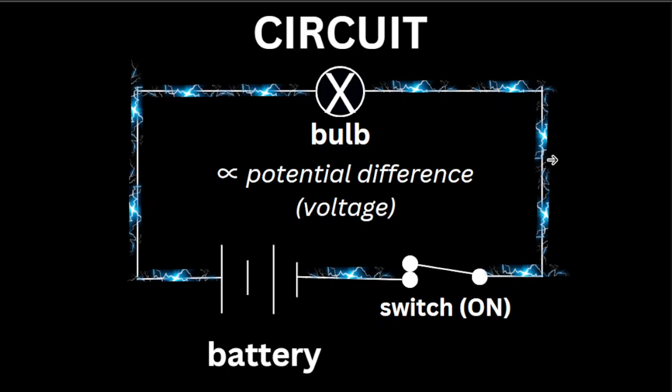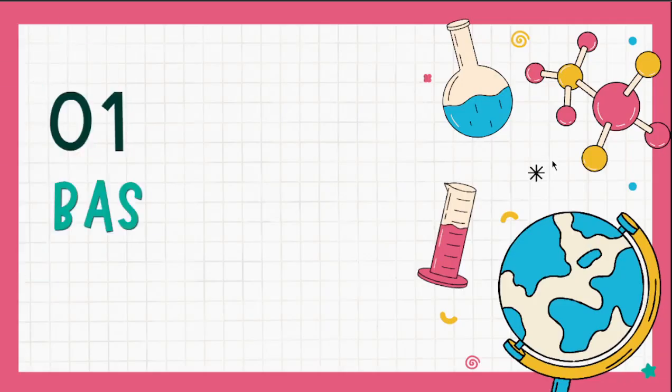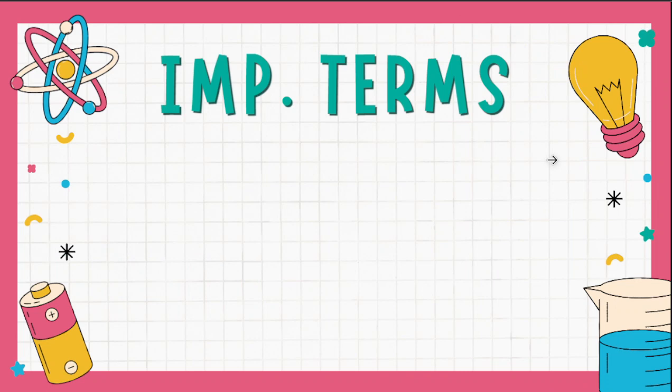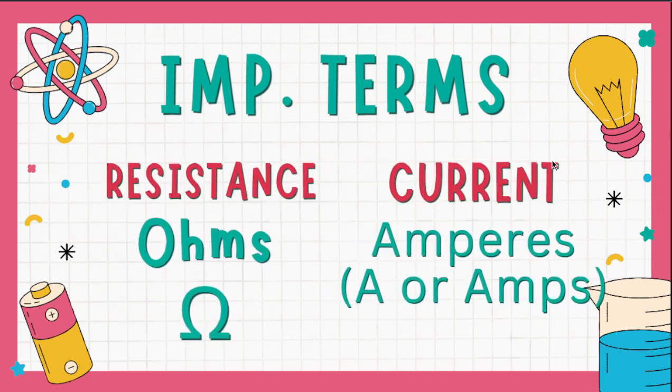Now let's see the basic concepts we need to understand for understanding Ohm's law. First, the important terms: resistance and current. What is resistance? What is ohm? What is ampere, which we write as A or amps?